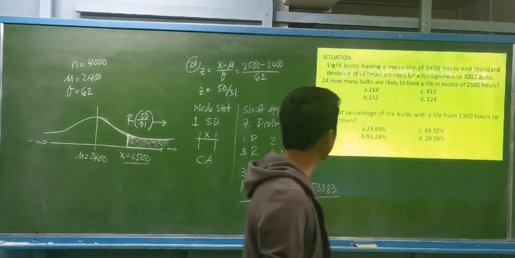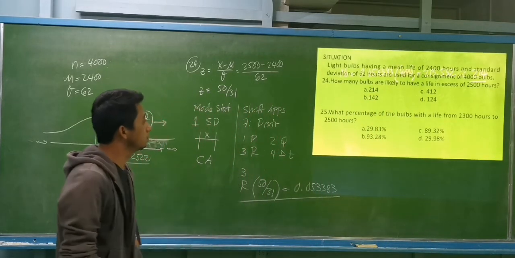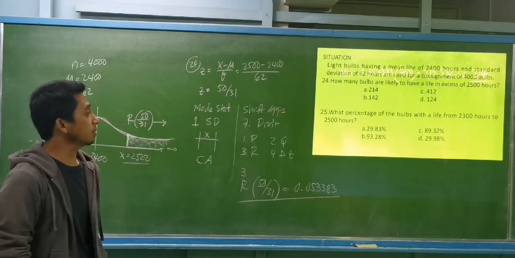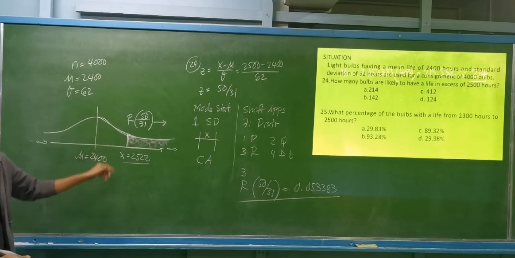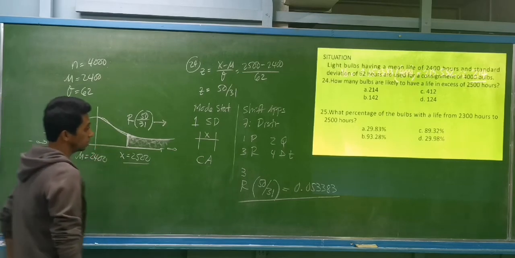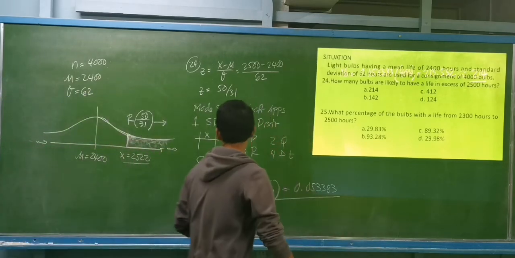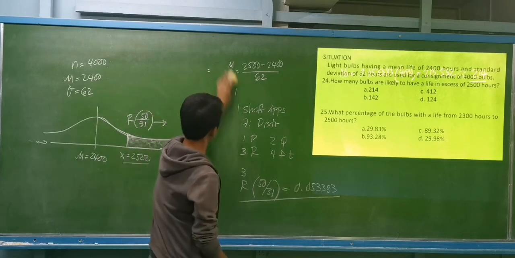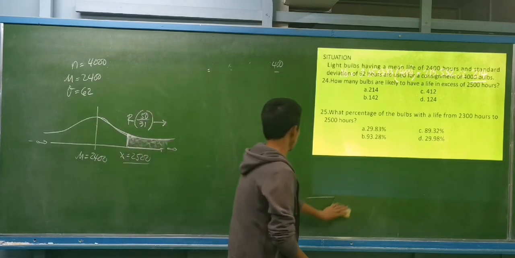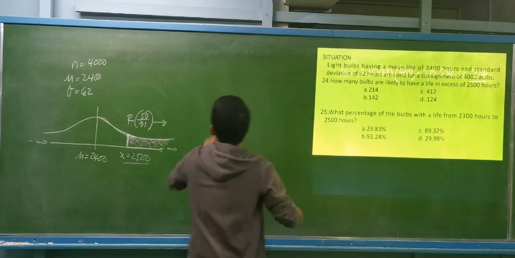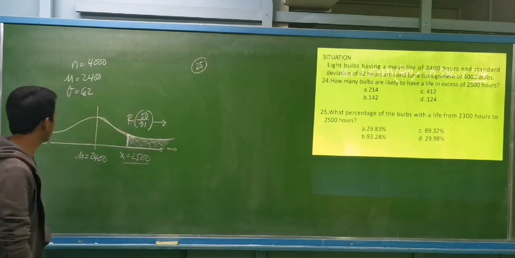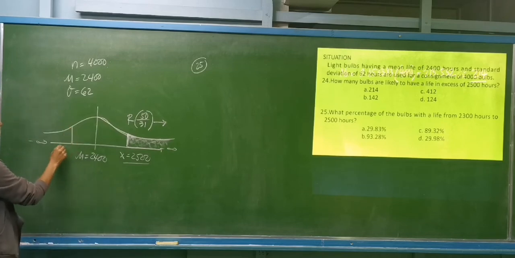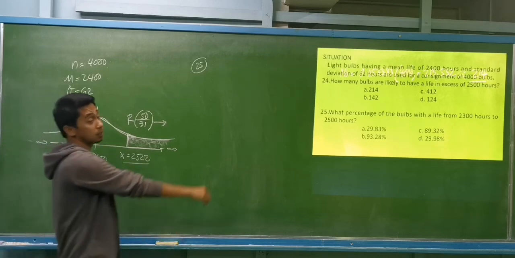Sa number 25 naman, ay what percentage of bulb will have a life of from 2,300 to 2,500. So, mag-indicate ulit siya dito. We have sa 25, ang hinahanap natin is meron daw life from 2,300 to 2,500.